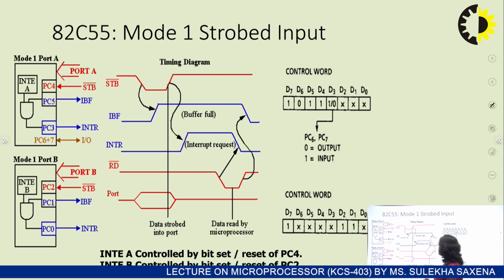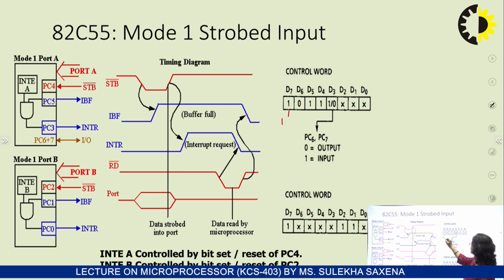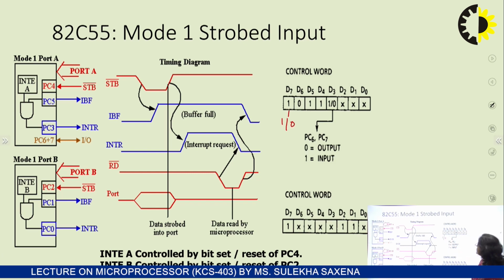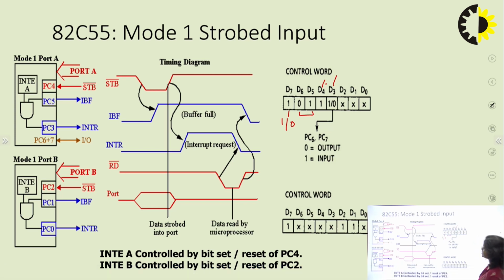So the overall control word consists of D7 as 1, that is I/O mode. For input, mode 1, that is 0-1. D4 equal to 1, that is input mode, and D3, that is control bits 1/0. So PC6, 7 are I/O, 0 as output and 1 as input.